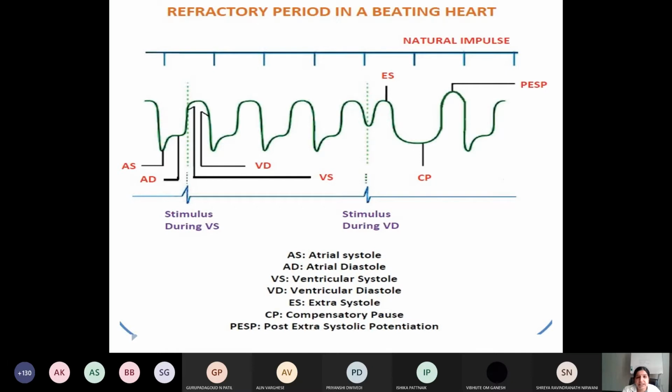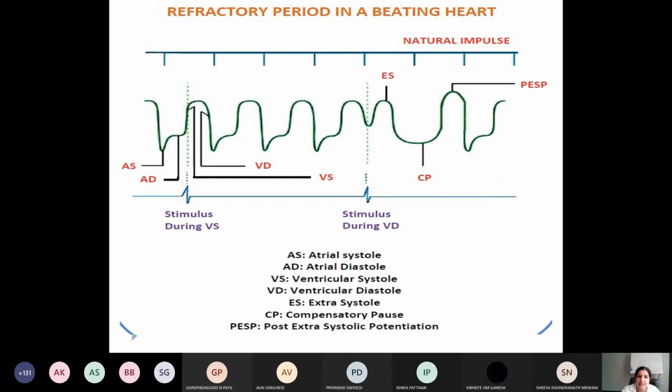This is important. If any extra stimulus is given in the period just after atrial diastole or at the beginning of ventricular systole, there won't be any response from the heart. There won't be any extra contraction of the heart muscle when the stimulus is in the ventricular systolic period.